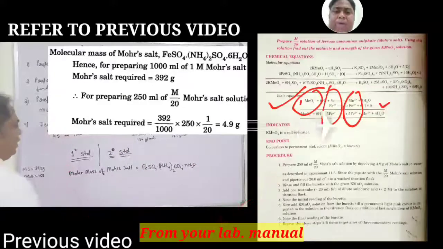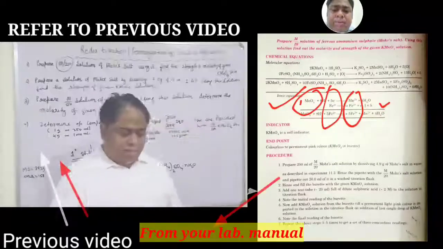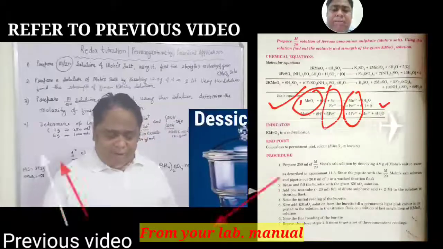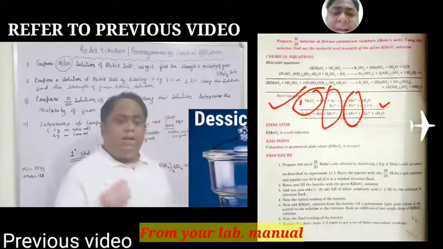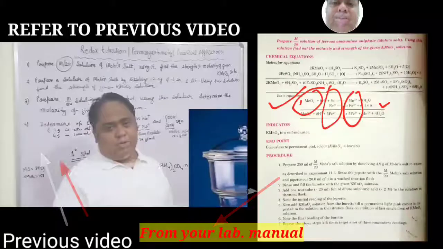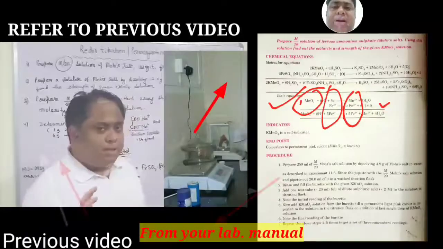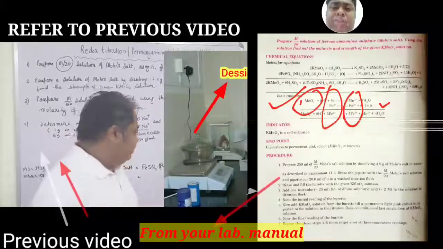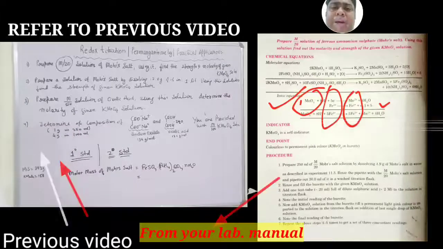Now when MnO4 minus becomes MnSO4, it will lose its pink color, and slowly when the KMnO4 becomes slight excess after complete consumption of the Mohr's salt Fe2+ ion, then even 1/4 of a drop or half of a drop or a full drop will give a faint pink color.